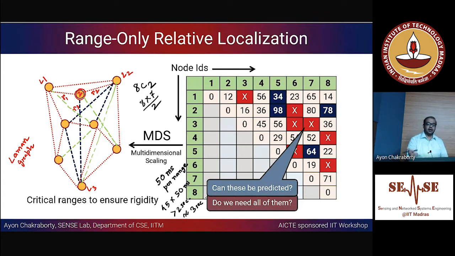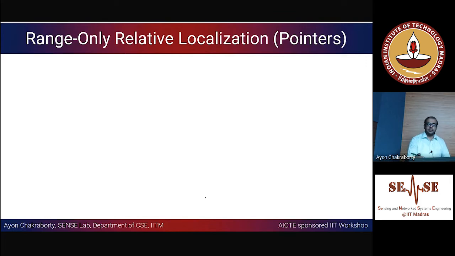Okay, so now this is a design question, and I thought I'll ask you here. What are the things you have to ensure in this particular problem to make sure that the localization system works smooth? And what is the criteria of being smooth? First, the locations that we are deriving for these nodes need to be accurate.